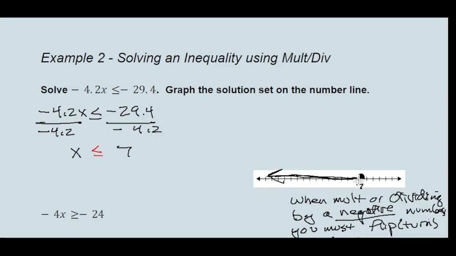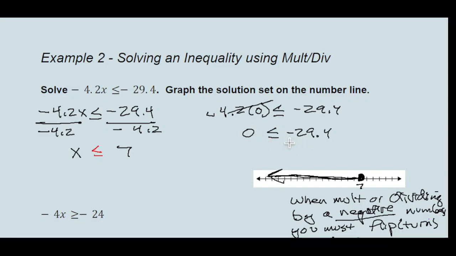So pick an answer that's part of this solution set, and let's test it and see if we're right. So let's take 0 because 0 is great, right? So if I put 0 into the top equation to test it, negative 4.2 times 0 should be less than negative 29.4, right? And so what does that give me? This gives me 0. 0 is less than or equal to negative 29.4.